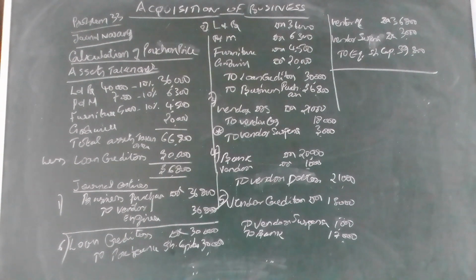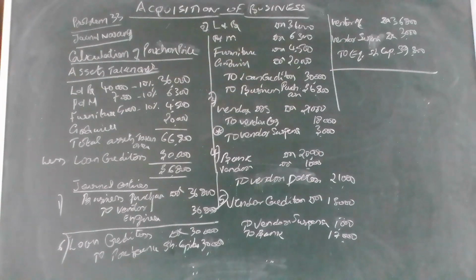Here the payment of purchase consideration that we have calculated is 36,800, and if you prepare the account for vendor suspense, debit and credit, after settling those things, you will get the difference of 3,000. That also we have to pay, right? That we have to pay.